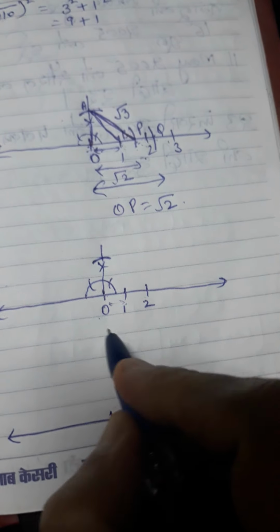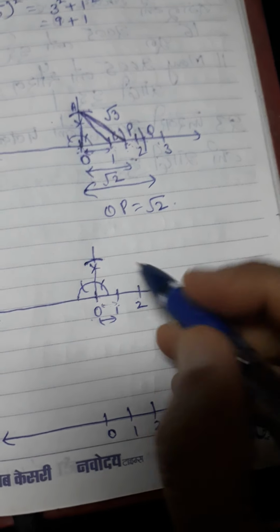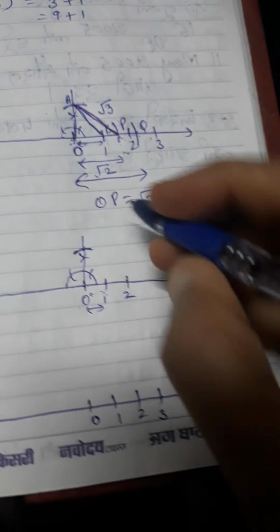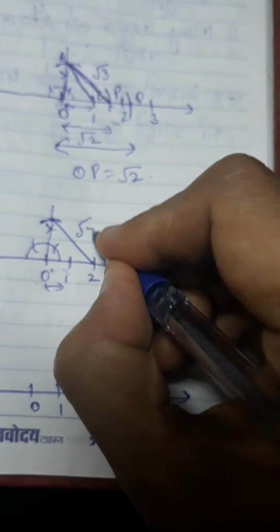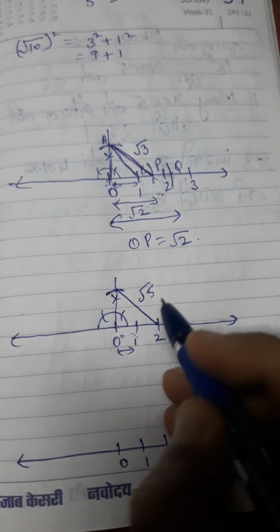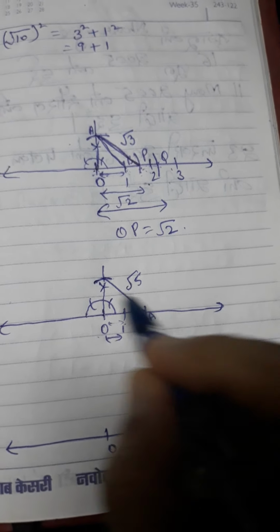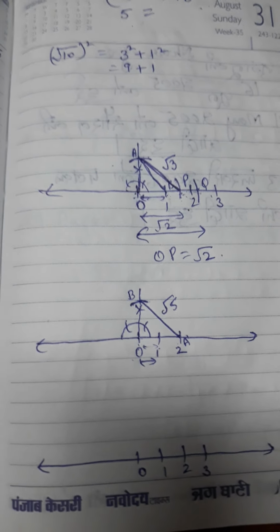Measure this length, and cut an arc from O 1 unit. So joining this with this gives you under root 5. So this length, let it be AB. AB gives you under root 5.